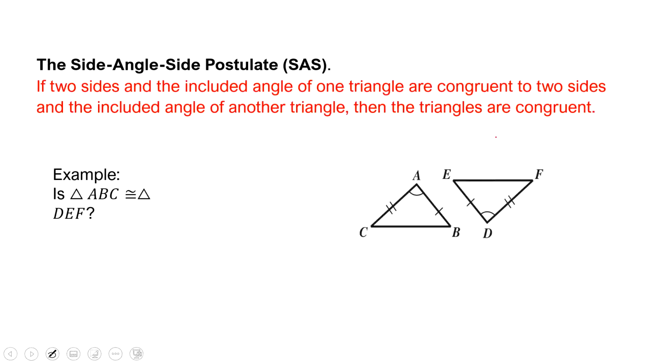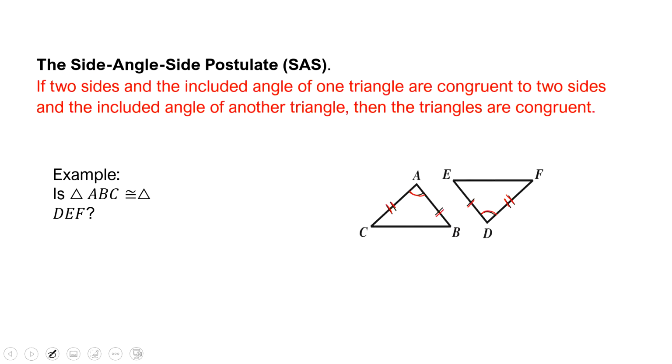Here's our example. They're asking, is triangle ABC congruent to triangle DEF? We have our corresponding sides. AC corresponds to DF. That's congruent. AB corresponds to DE. That's congruent. And then we're told that angle A and angle D are congruent.